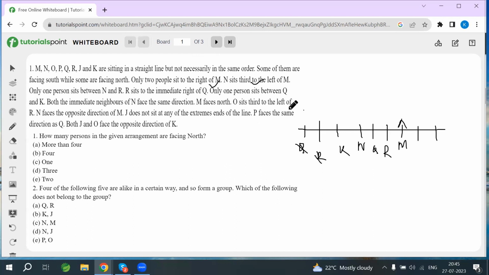O sits third to the left of R. And N faces the opposite direction of M, so N is in the south direction.